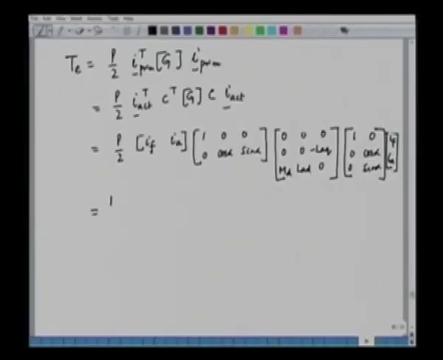So, if we pre-multiply this, what we have here is IF IA, and this would be 0 0 and 0, MD sin alpha and LAD sin alpha, and then minus LAQ cos alpha.